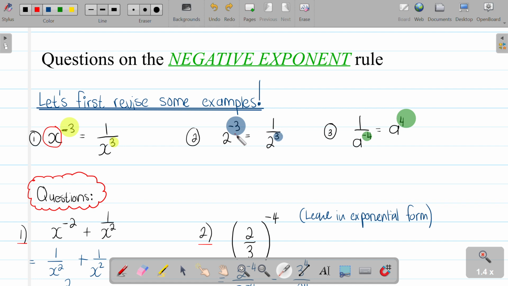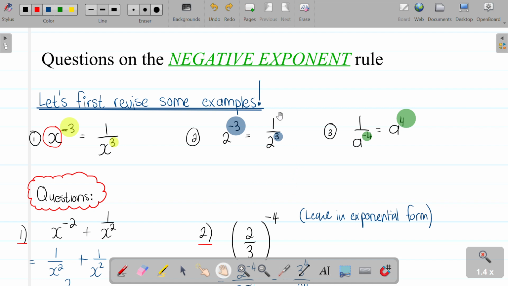You make the base a denominator, so you write 1 over 2. This technique allows you to change your negative and make it become a positive exponent.